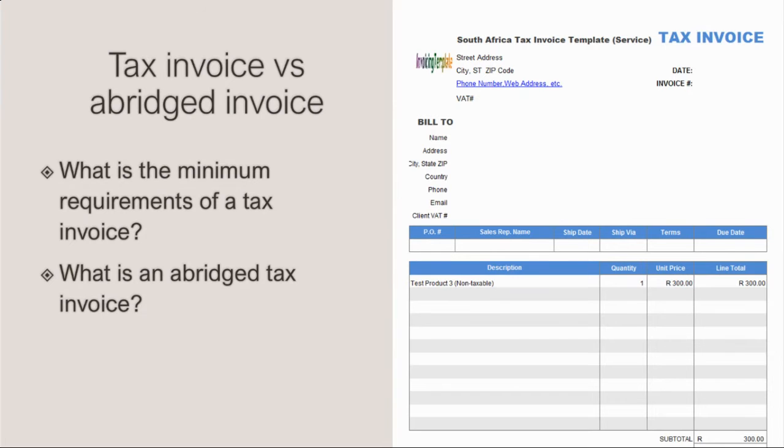Let me rephrase it as well. What would you expect to see on a tax invoice? Is the tax invoice from a business standpoint or a personal standpoint, like one person?